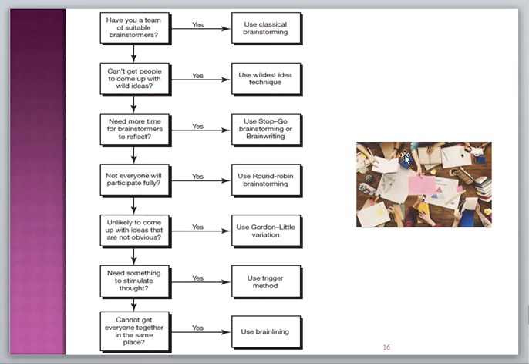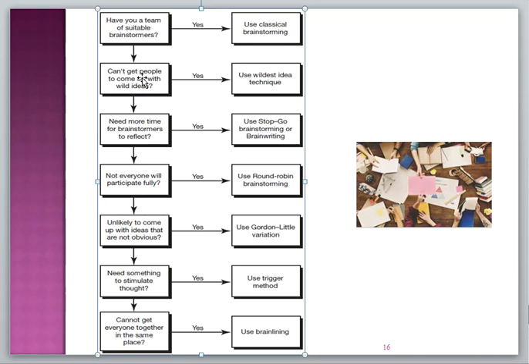The last slide we have reviews all that we said about brainstorming. It just reminds us when we use one variant over another. Whenever you have a team and everything is simple, use the classical brainstorming, right?